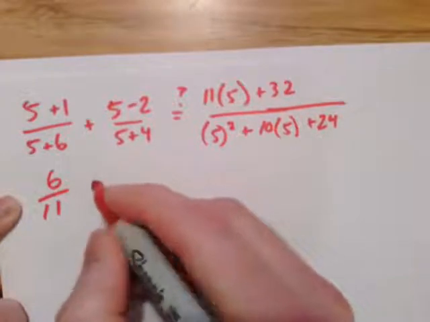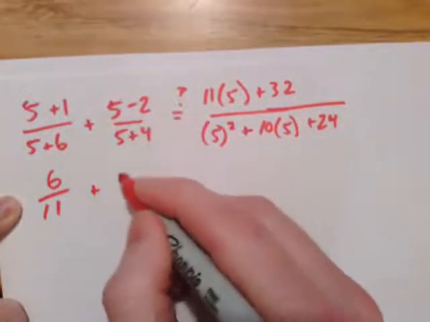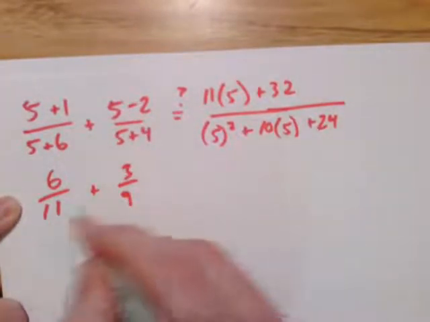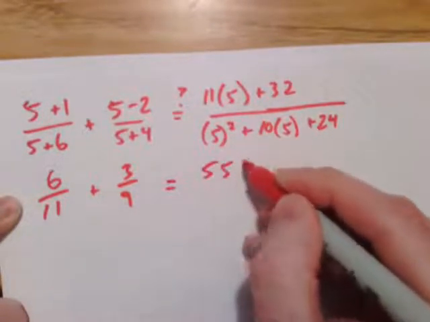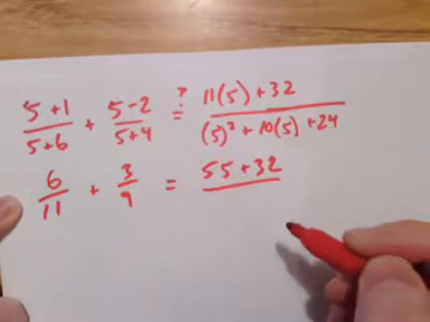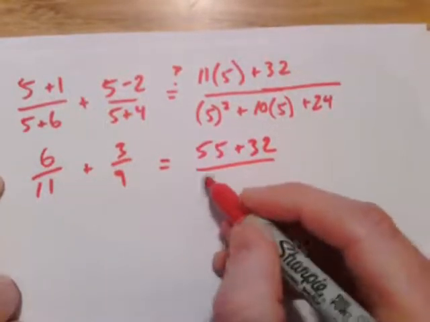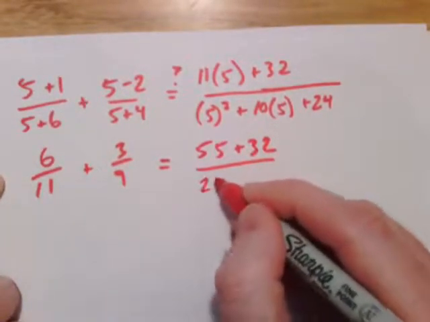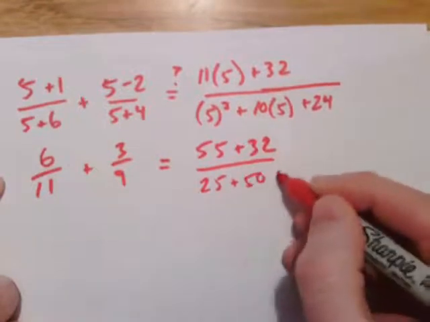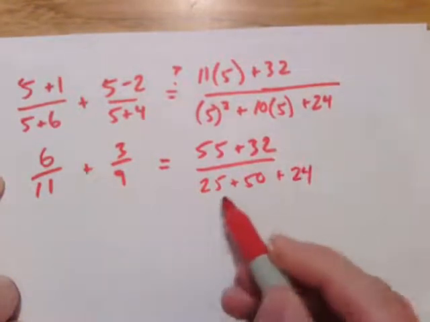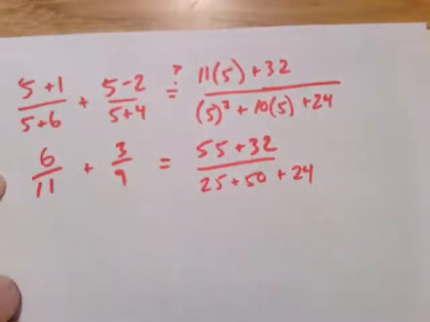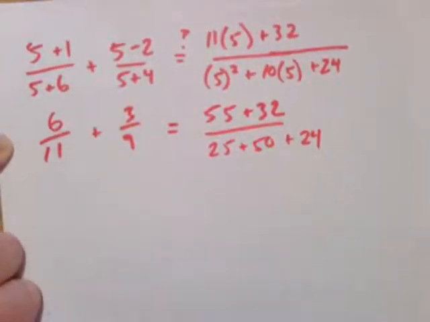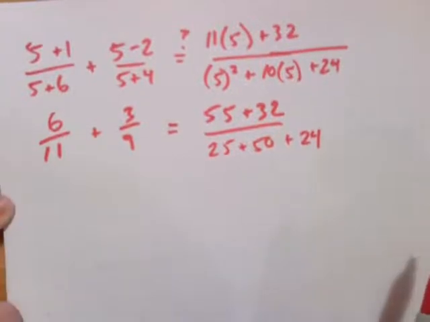Oh man, it's going to be fun. So that's 3 over 9. LCD of 99 equals 55 plus 32. See, this is good that I'm doing this, because honestly I'm thinking I'm not going to make you guys do this. 25 plus 50 plus 24, 75, 99. Well, that works out really nice.